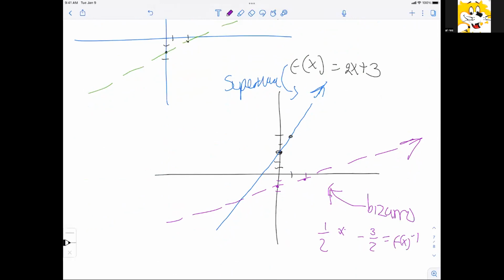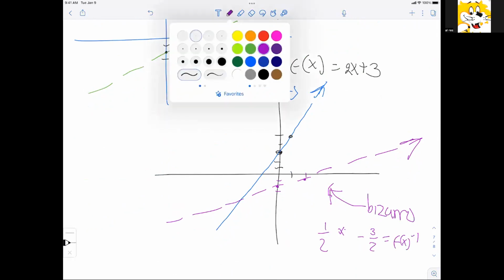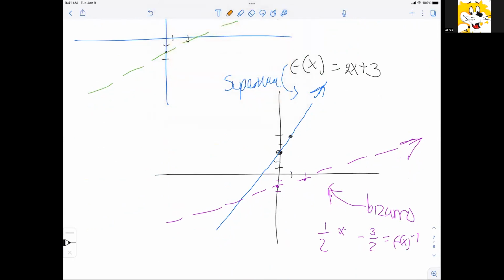Okay, but professor, you said there's a mirror. Where is the mirror, professor? And I'm glad you asked. The mirror is right here in the orange.